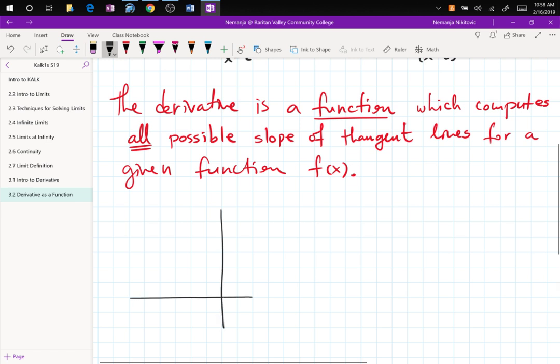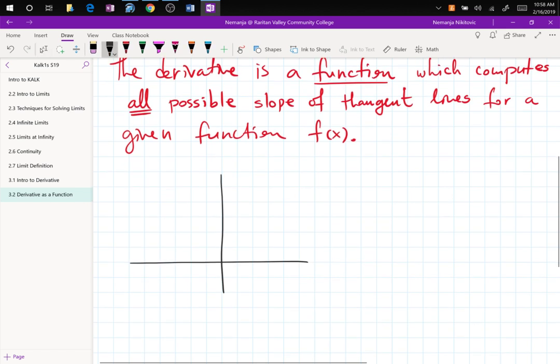First, I'm going to draw the ones that we have up there, so example 1 and example 2. Example 1 was a quadratic function that went through negative 6, something like this.